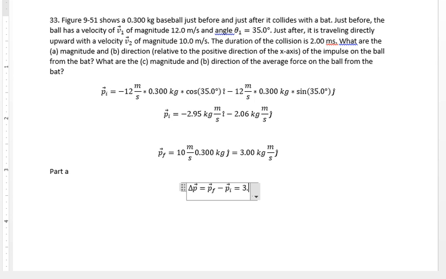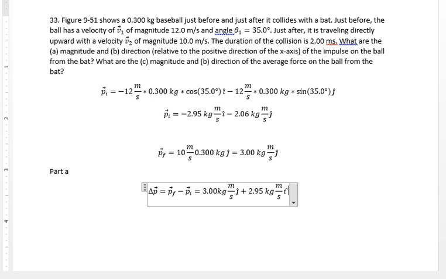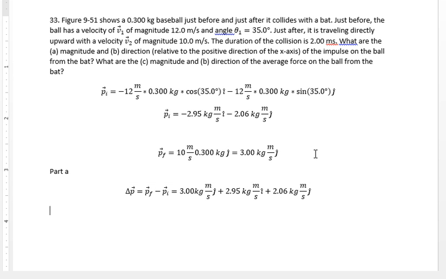So 3.00 kilogram meters per second j hat minus, so this is going to end up being plus 2.95 kilogram meters per second i hat plus 2.06 kilogram meters per second j hat. So the impulse ends up being 2.95 kilogram meters per second i hat plus 5.06 kilogram meters per second j hat.